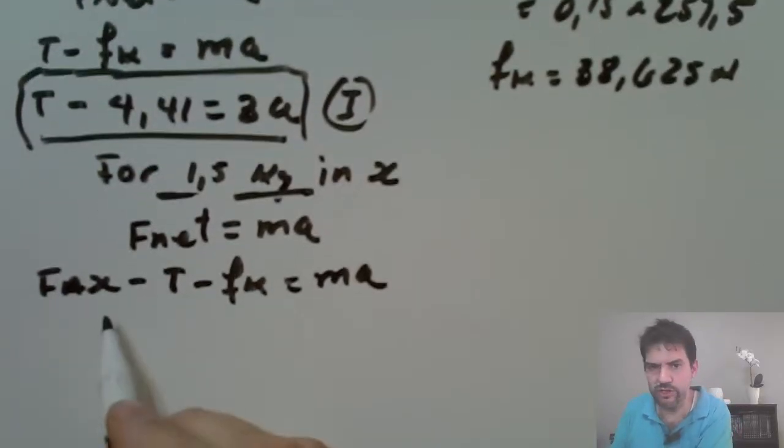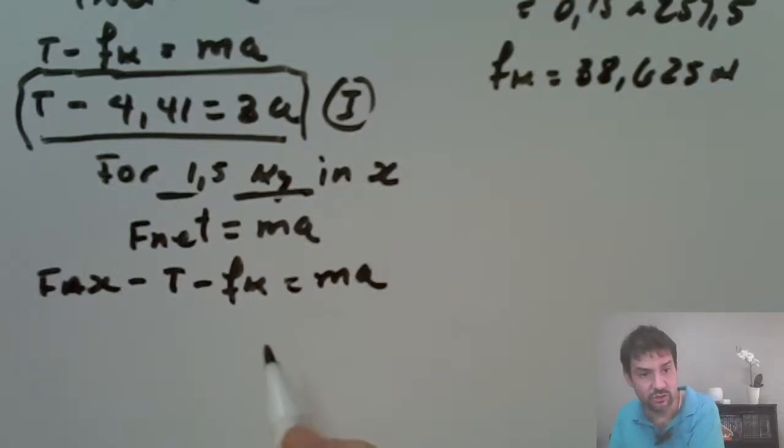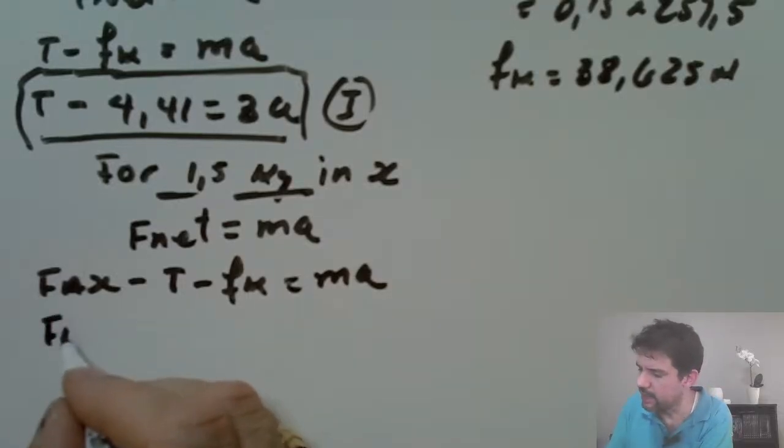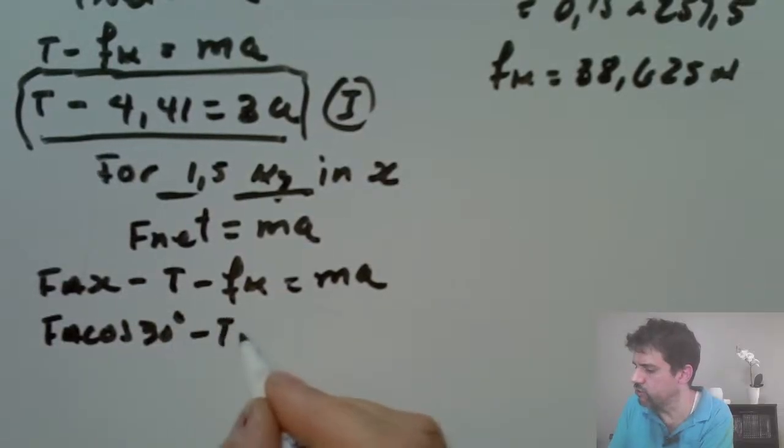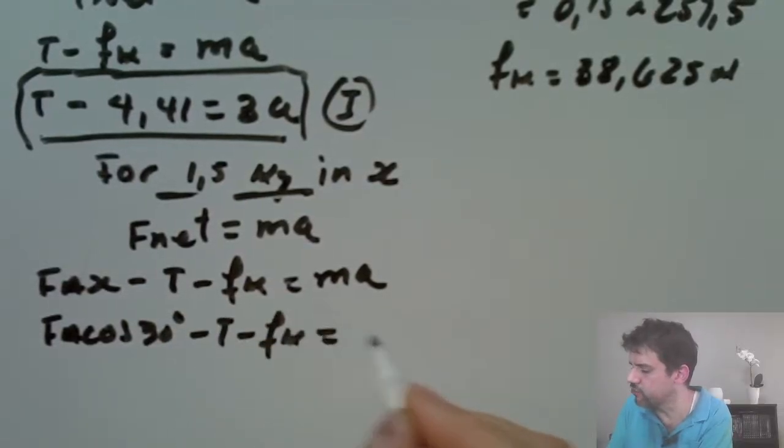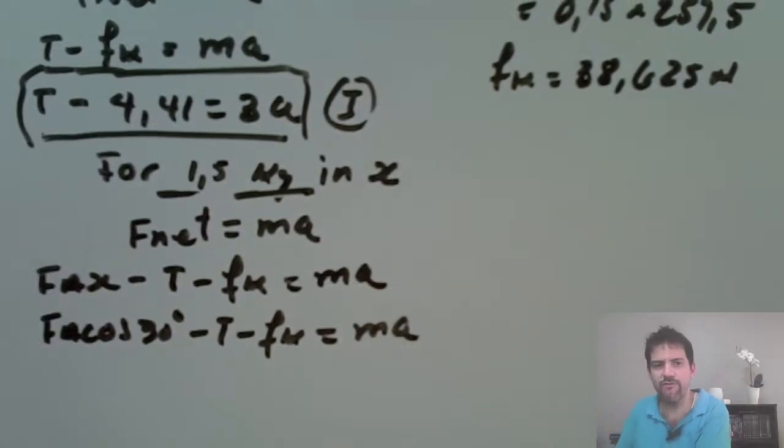The applied force in x is cos, is adjacent to the angle, so this one is applied force cos of 30 degrees minus T minus kinetic friction is equal to ma. We have all the values except for tension and acceleration. We're going to have two unknown.